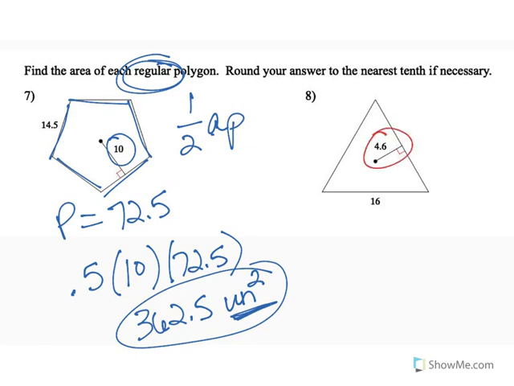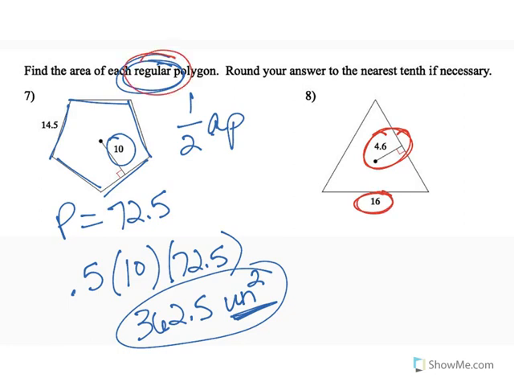Here's our apothem, here's our side. Oh, hey, this works on a triangle too, doesn't it? It does. Usually you'll only get 5 sides and up, but it does work on anything. So our apothem, our sides, we're going to find the perimeter.